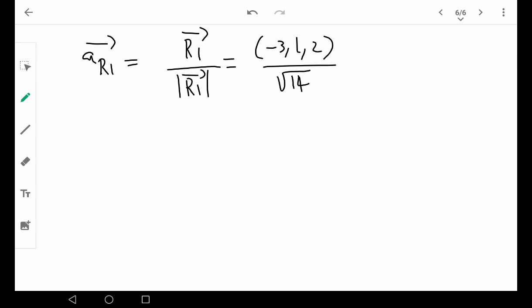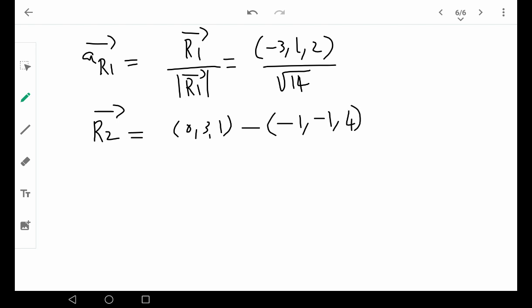Now what is R2? R2 we can write as (0, 3, 1) minus (−1, −1, 4), isn't it? So it will be (1, 4, −3).